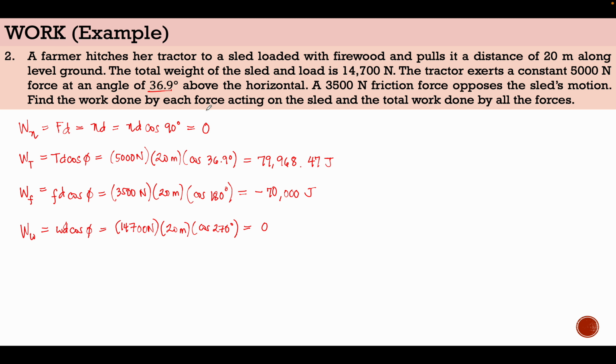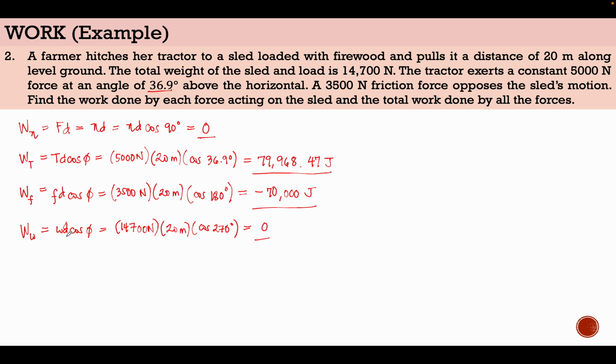So again, we are now done in solving for the work done by each of the forces acting along the sled. We have the work done by the normal force, the work done by the tension force, the work done by the friction force, and the work done by the weight.